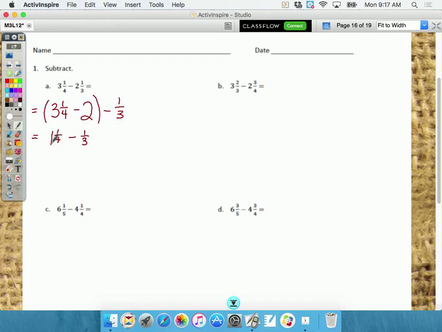Since I've got a whole number of 1 that I'm dealing with, we're going to use the improper fraction strategy. So to make this right here be something I can subtract, because 1/3 is larger than 1/4, I will make this 5/4 minus 1/3.